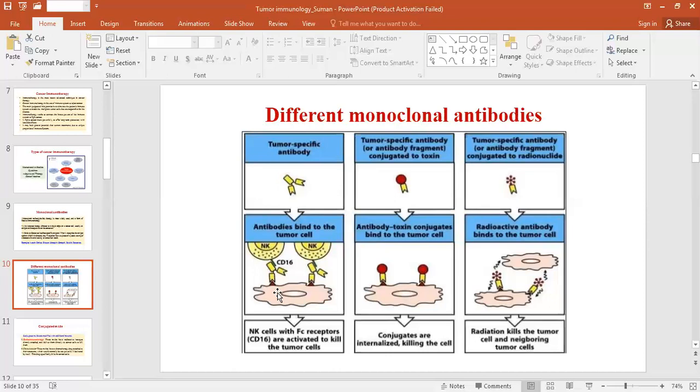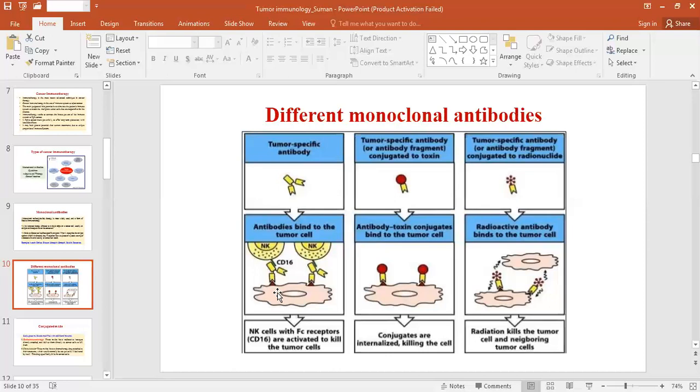The third group is the tumor-specific antibody or the antibody fragment that is conjugated with a radionuclide, which is known as radioimmunotherapy, RIT. So here the radioactive probe that is conjugated with the monoclonal antibody binds to the tumor cell, and the radiation coming from the radioisotope kills the tumor cell.